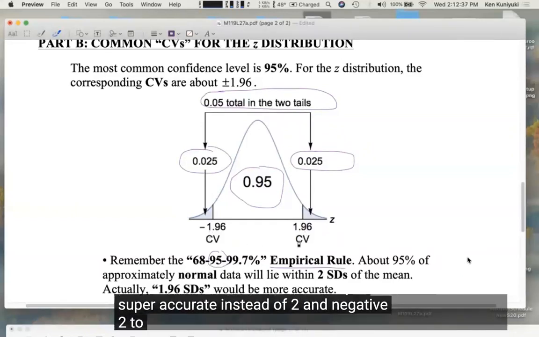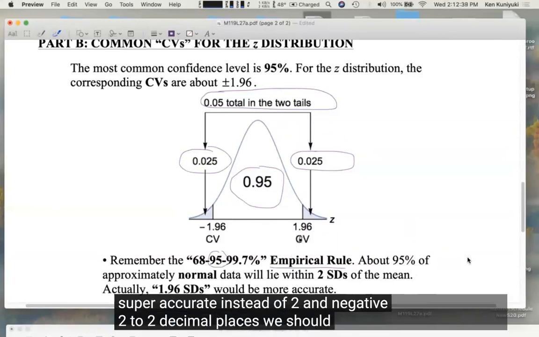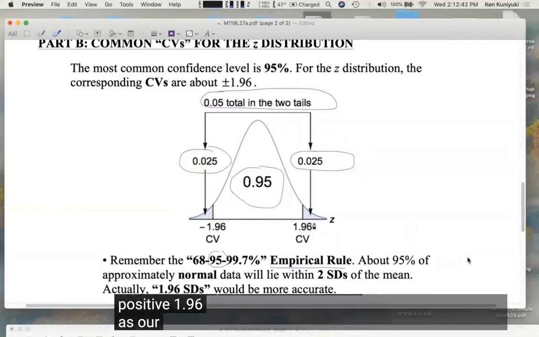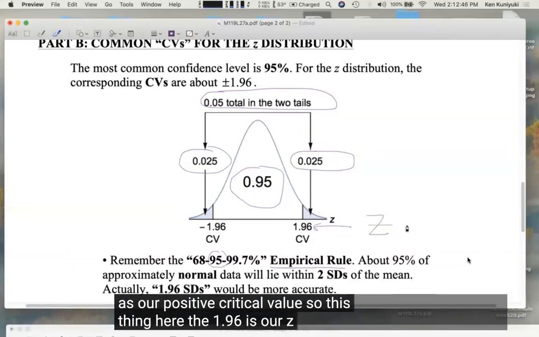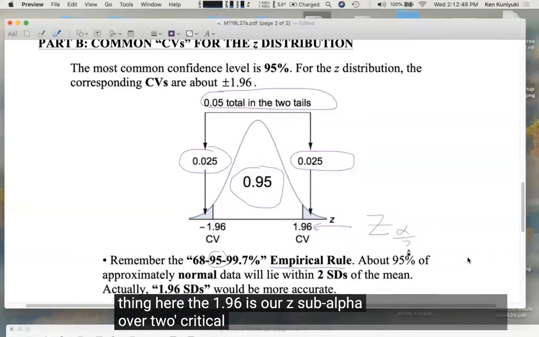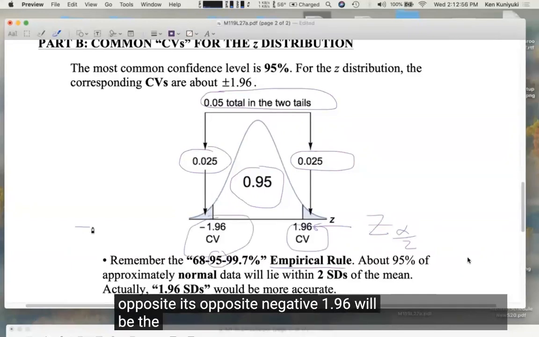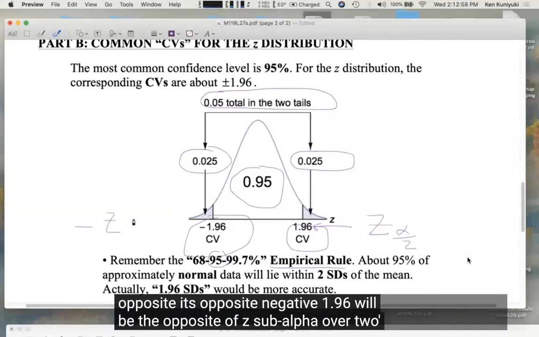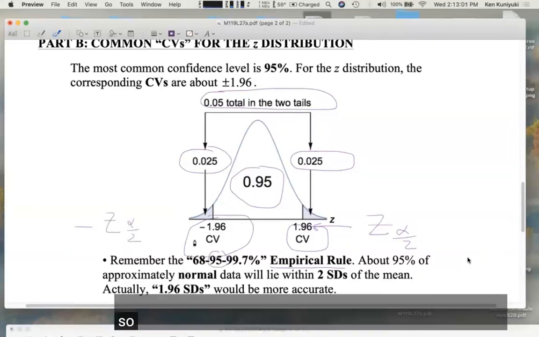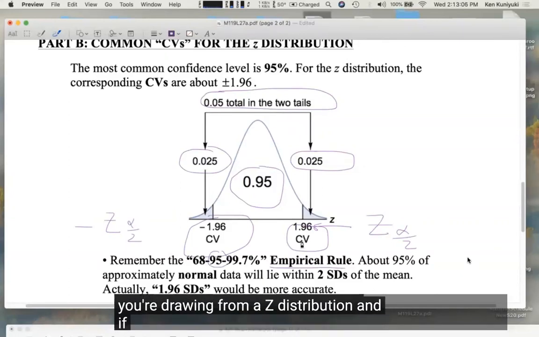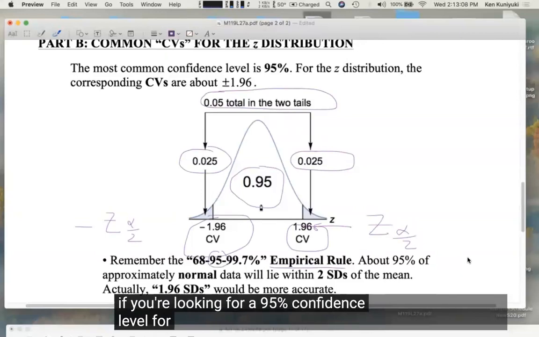Instead of 2 and -2, to 2 decimal places, we should use +1.96 as our positive critical value. So this 1.96 is our z sub alpha over 2 critical value, and -1.96 will be the opposite of z sub alpha over 2. These are the two critical values if you're drawing from a z distribution and looking for a 95% confidence interval.